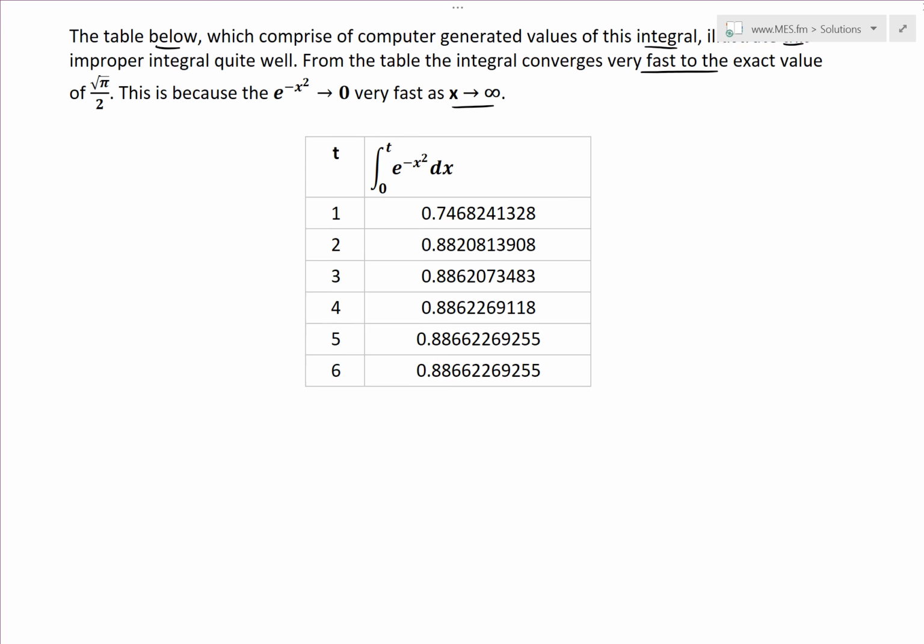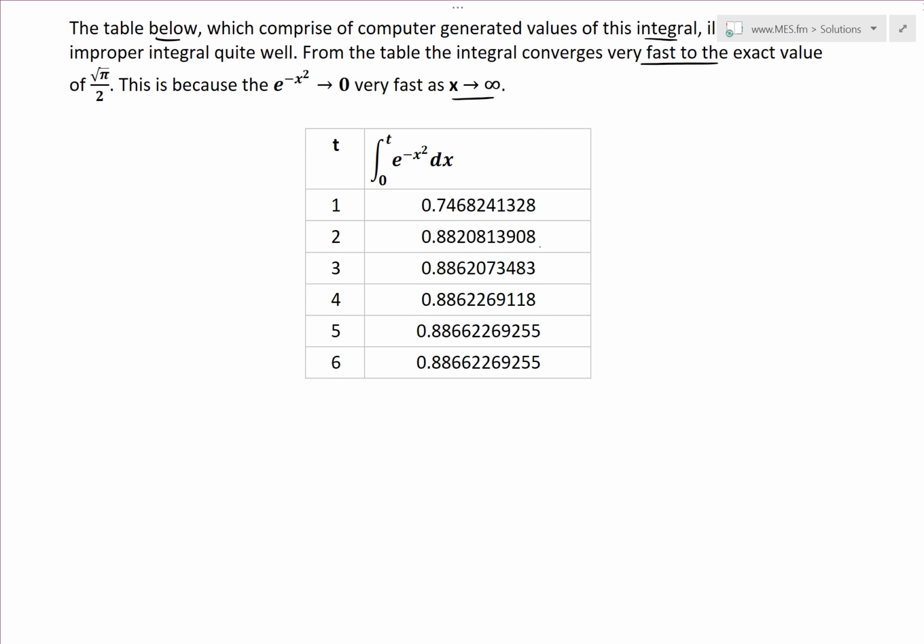When you look at this table, when t equals 1, you get 0.7468, so it's still pretty close to 0.8862. Then at 2, you get 0.88, so it's already accurate to 2 decimal places. Then at t equals 3, you get up to 4 accuracy. From 4, you get to 6 accuracy. And then after 5, you get pretty much to 7.